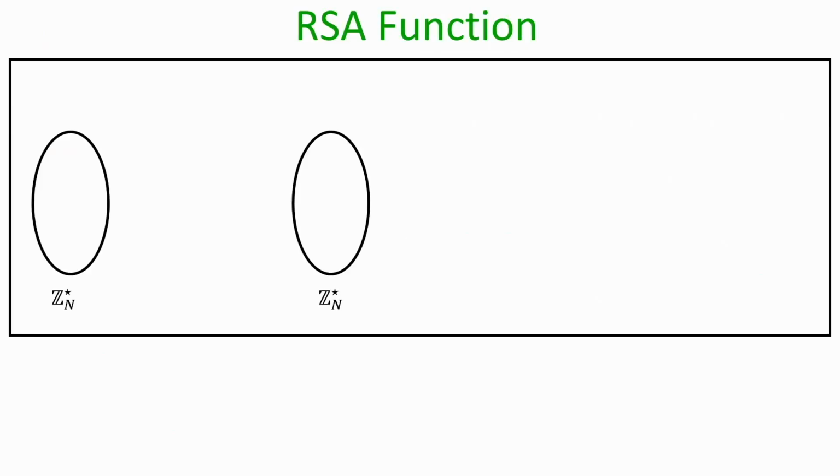So, now let me introduce the RSA function, which forms the basis of the RSA public key crypto system. This is a function from the set Zn star to Zn star, and how exactly is this function defined. Imagine you have a public exponent e. This is not the identity element, this is some notation, an exponent e which we are going to use in the function, and this exponent e is relatively prime to phi of n.